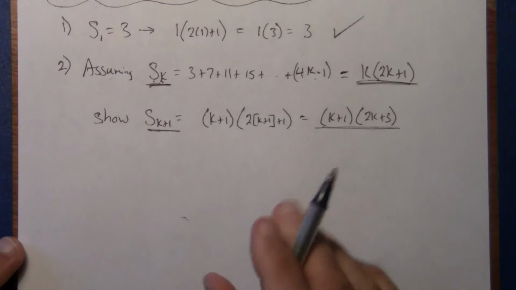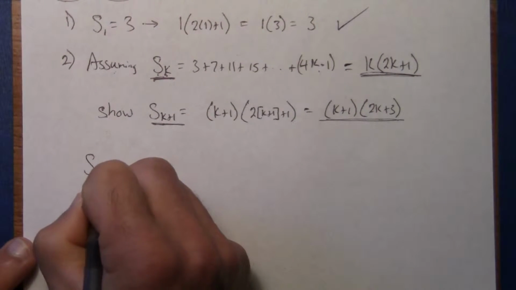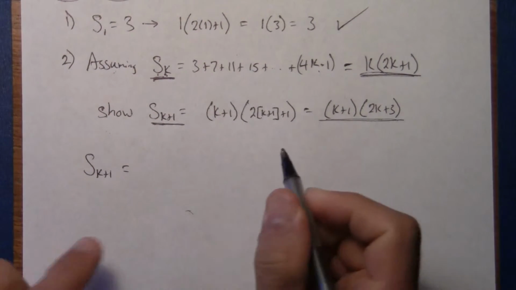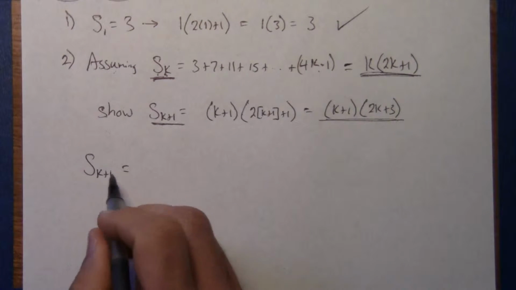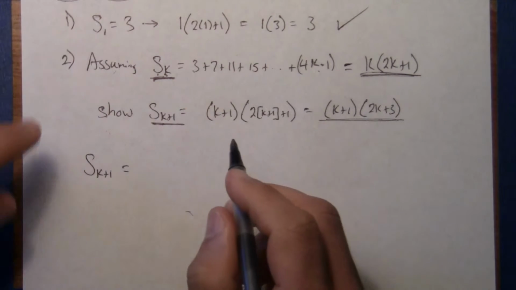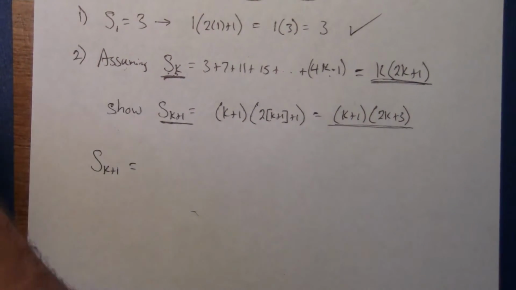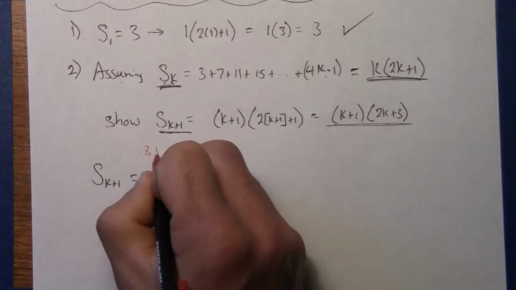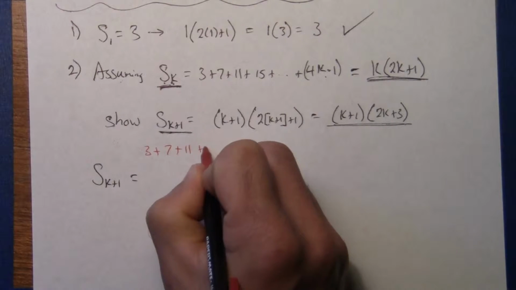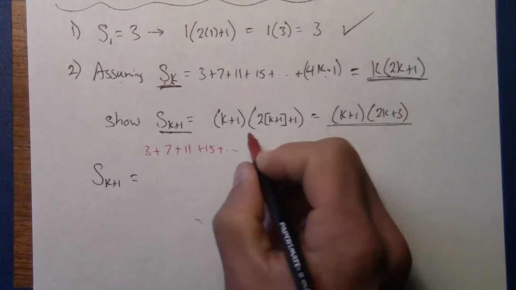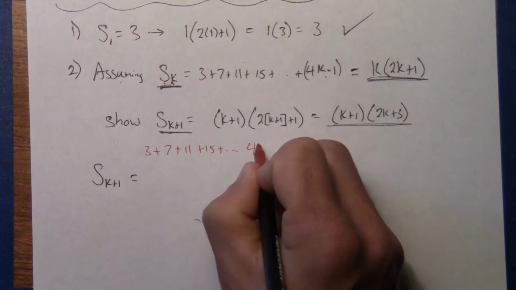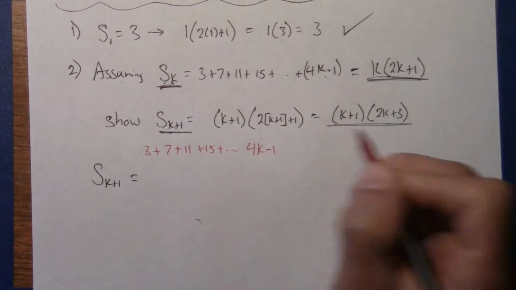Alright, so here's how I do it. So s sub k plus 1, if you think about what that means, it's the sum of that many terms. Well, I know that s sub k plus 1 would technically be this. It would be 3 plus 7 plus 11 plus 15 plus all the way up to, here's the k term, 4k minus 1.